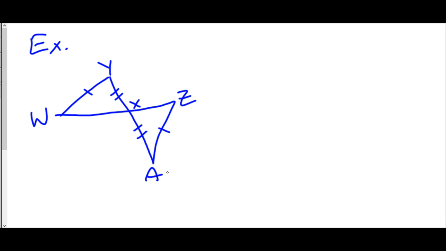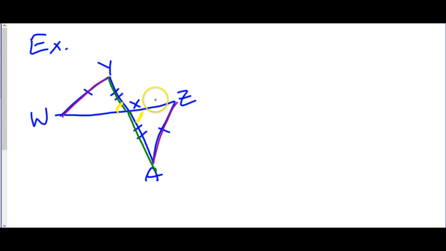Okay, so looking at this, they gave us two sides that match. This matches to that side. This matches to this side. And we can assume that the angles in the middle match. Anytime you have two lines crossing, angles in the middle match.